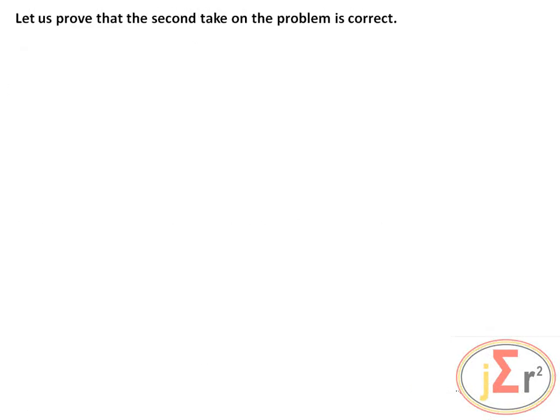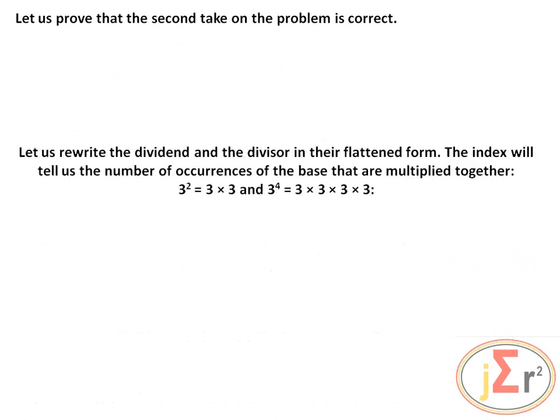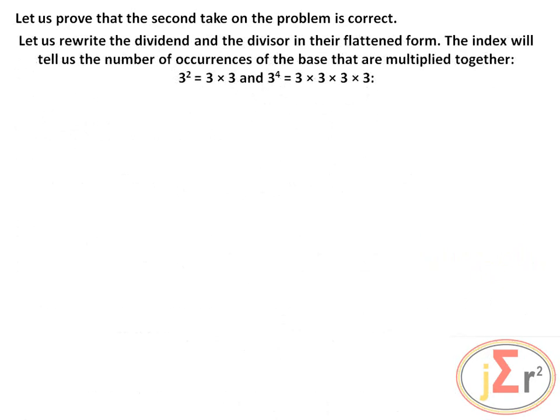Let us prove that the second take on the problem is correct. Let us rewrite the dividend and the divisor in their flattened form or expanded form. The index will tell us the number of occurrences of the base that are multiplied together, and we have that 3 squared, or 3 to the power of 2.